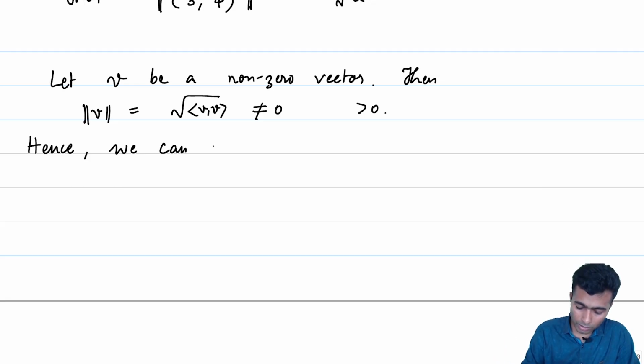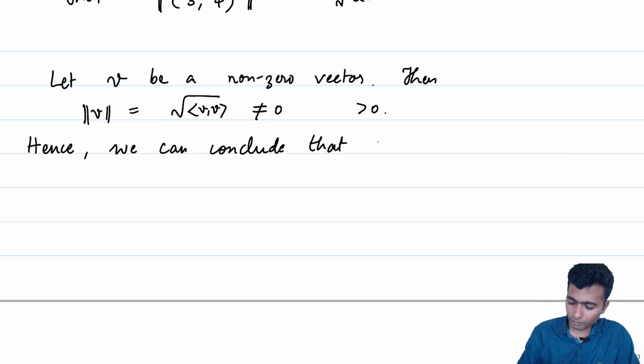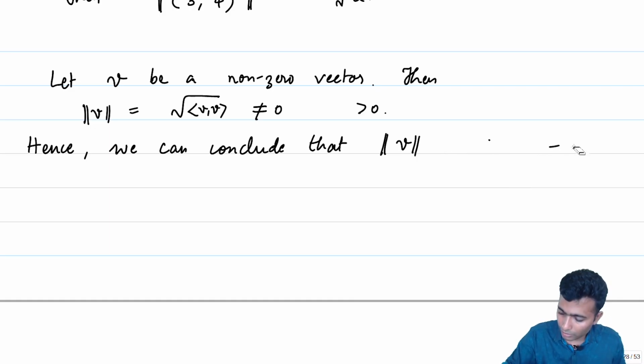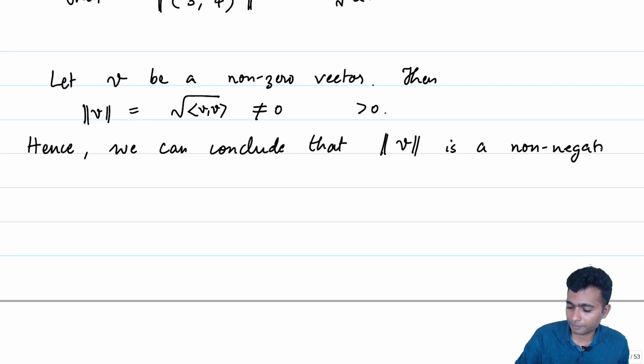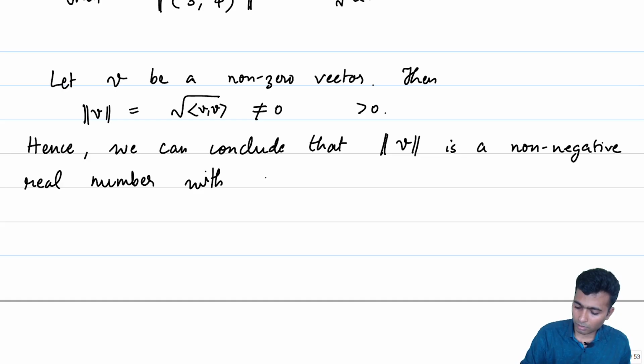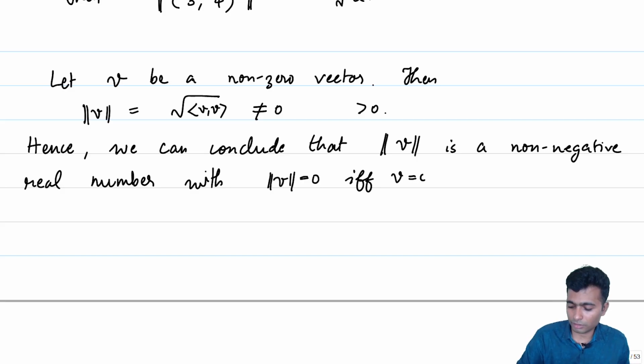And therefore, we can conclude that the length of v is 0 if and only if v is equal to 0. Okay, let's conclude: the length of v is a non-negative real number with norm of v equal to 0 if and only if v is the 0 vector.